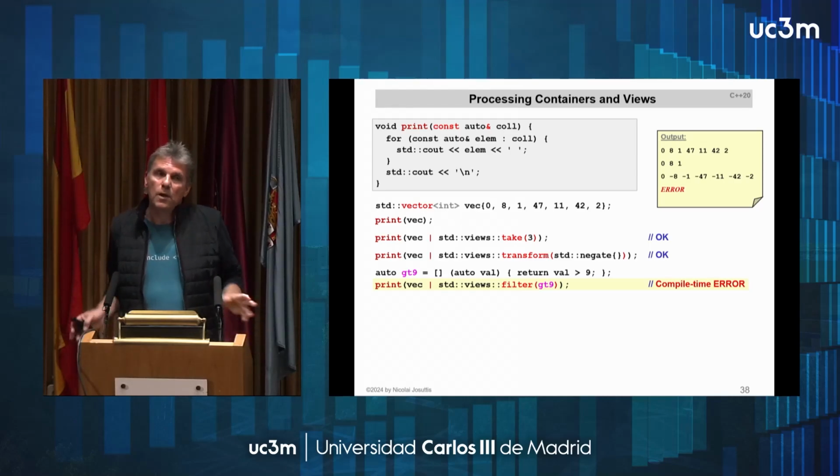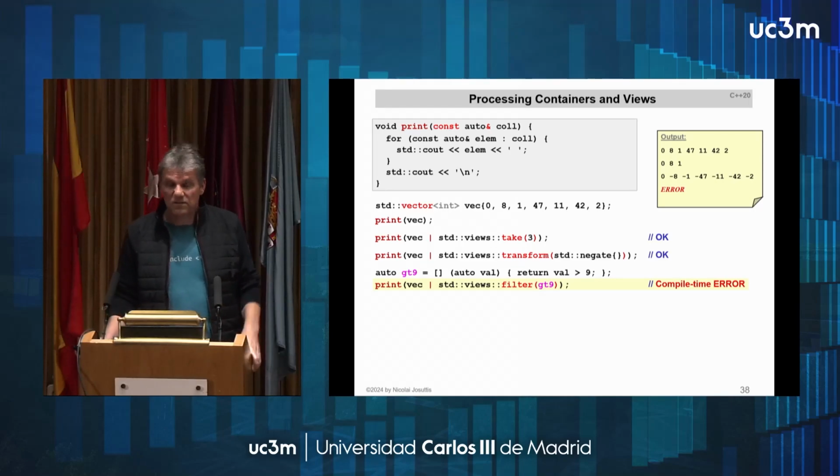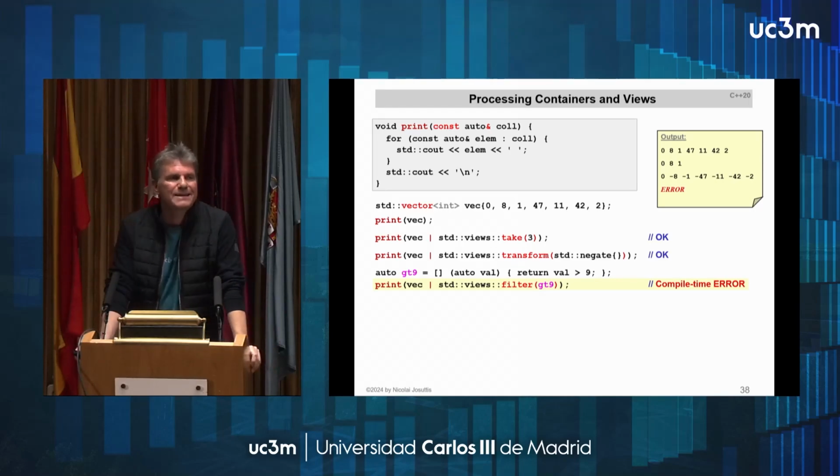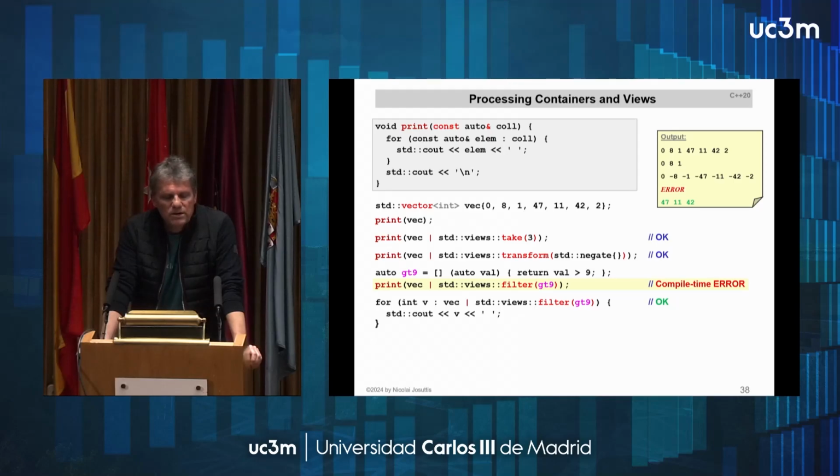I didn't know about all the details of design of filters. You know already, so you might have some guesses what goes wrong here. Maybe you have, maybe you're not. But the next thing you try is, maybe the problem is in the print function. So you directly iterate over the elements, putting a vector piped into a filter on the right-hand side of a range-based for loop. That compiles and works.